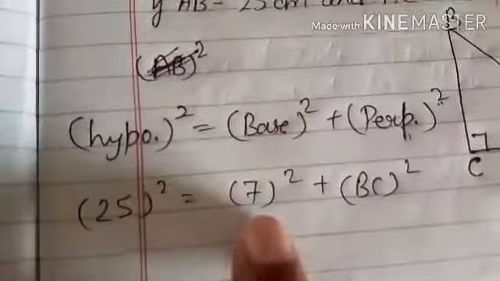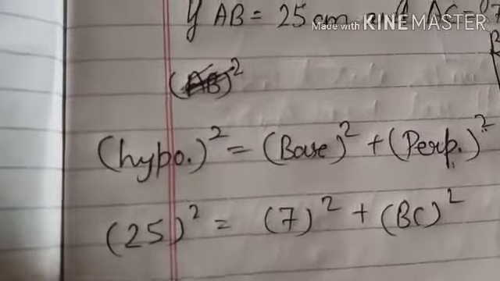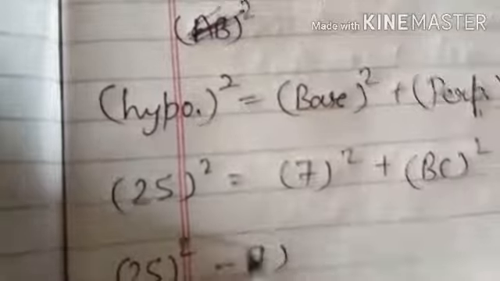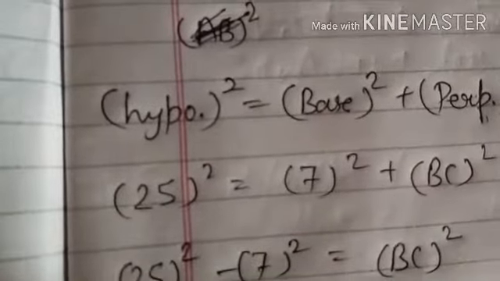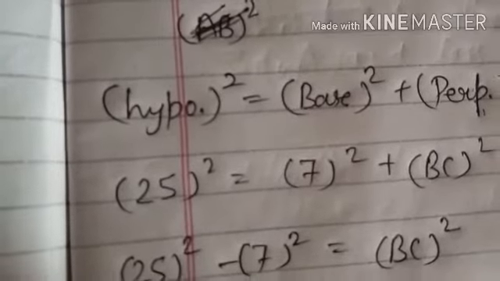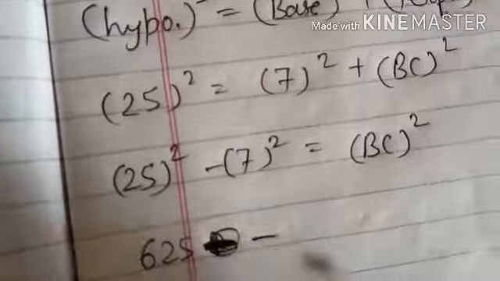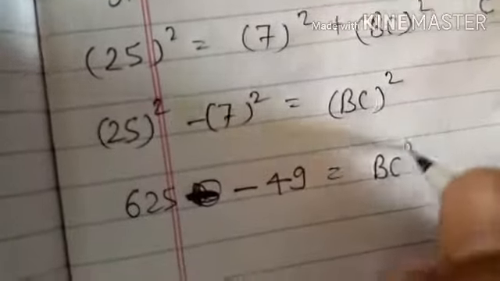So let's send this square of 7 to this side. So square of 25 like this, square of 7 will come here and it will become minus, and BC square as it is. Square of 25 is 625, then minus square of 7 which is 49, is equal to square of BC.